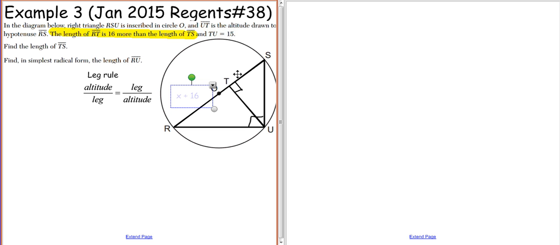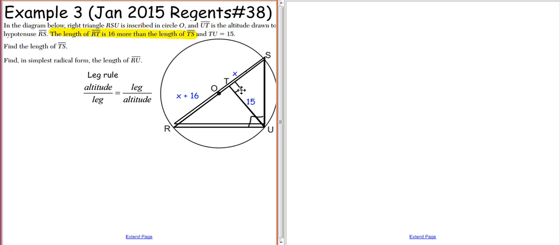So let's get those numbers back over here. The altitude over the leg is equal to the leg over the altitude. So remember, 15 is your altitude, and X is a leg of the small right triangle here.